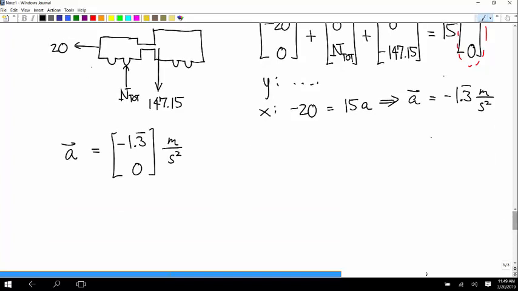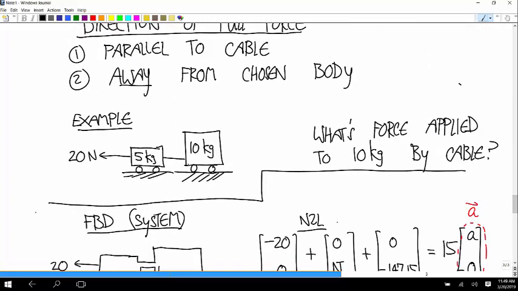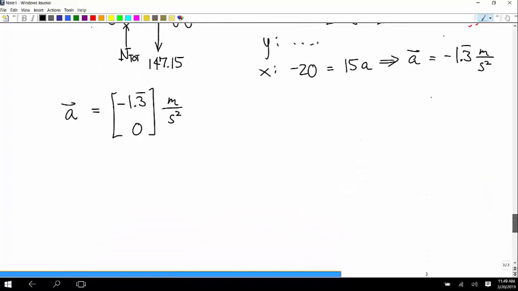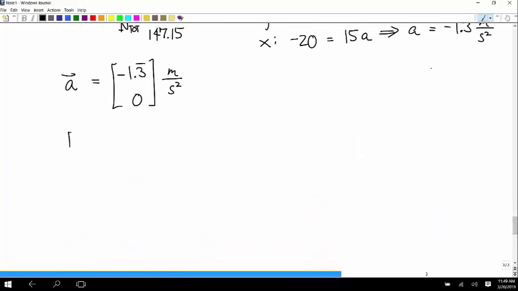Now we want to calculate the force applied to the 10 by the cable. How are we going to isolate the 10? So a free body diagram of the 10 kilogram. There's a weight force of 10 times 9.81.